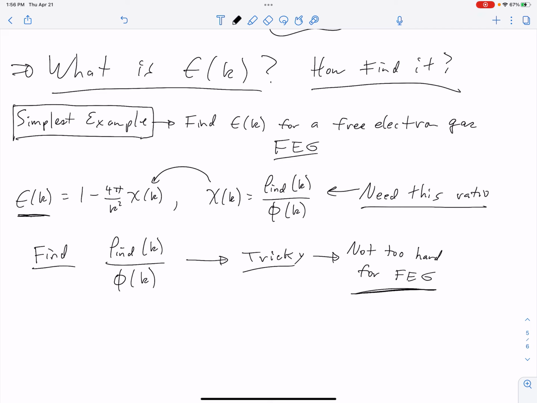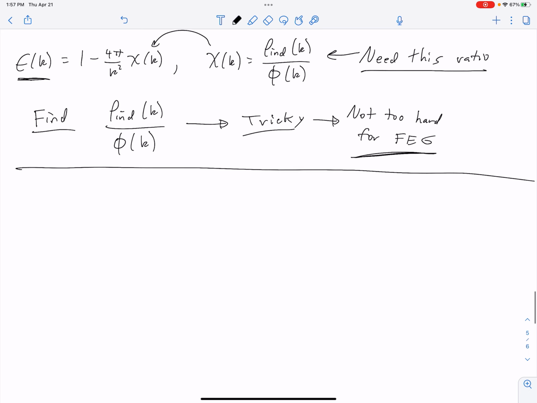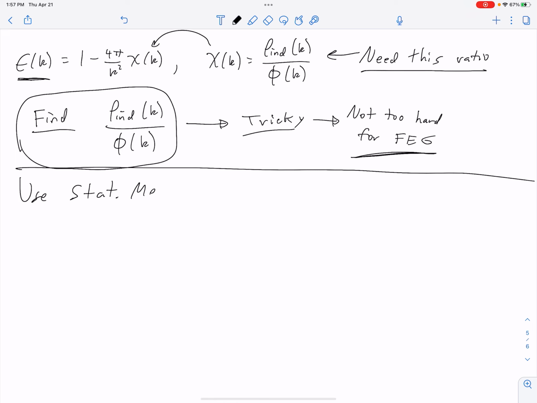Okay, so let's do it. This is our goal now, to find this ratio. So to find it, we're going to use a combination of StatMech plus sort of a semi-classical approximation.